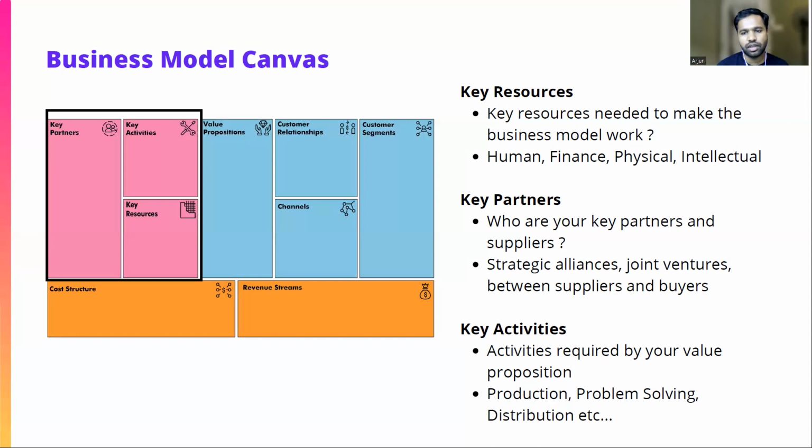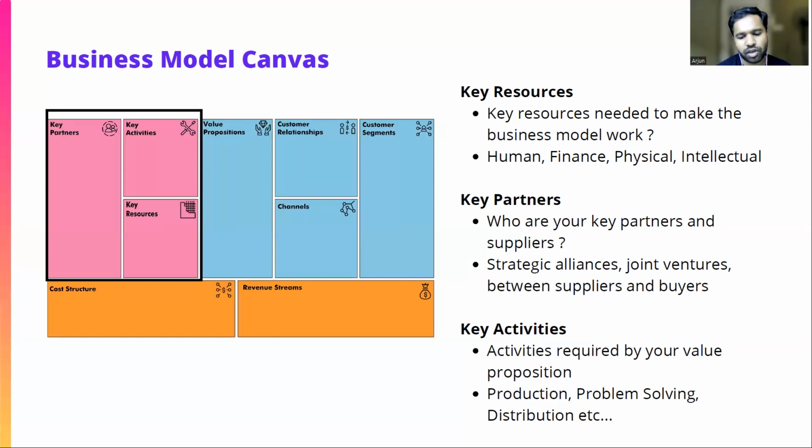So you need to think about what all these activities are. Where are you going to manufacture? If it is a hardware product, where are you going to manufacture it, and how are you going to distribute it? Who are all your key suppliers? Where are you going to get the raw materials?